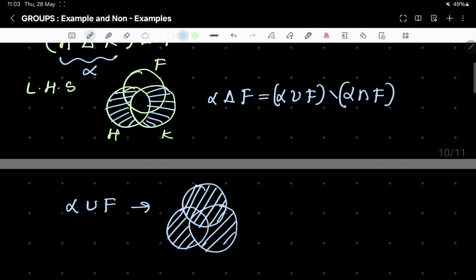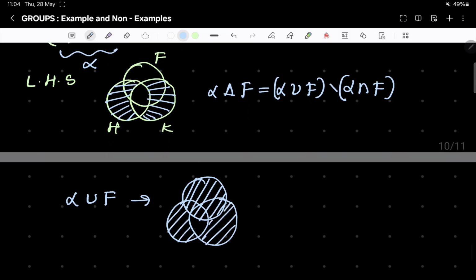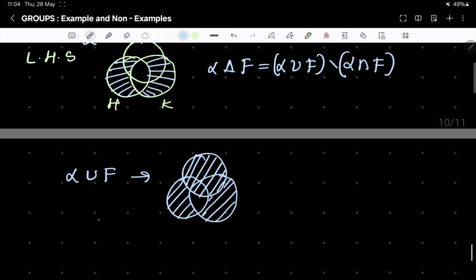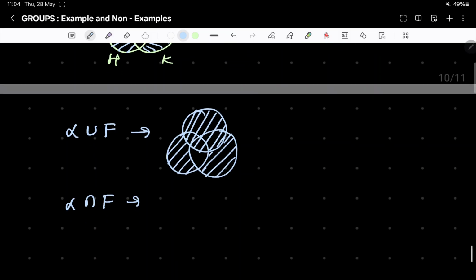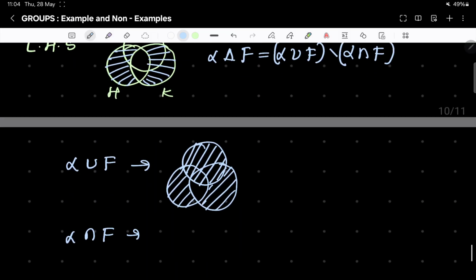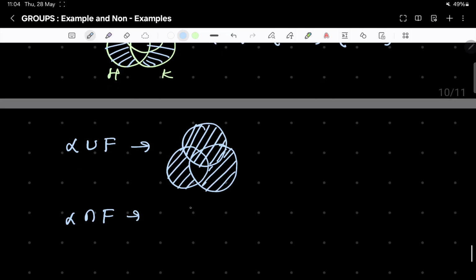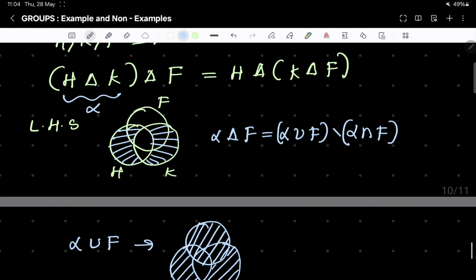So this is alpha union F. Now what is alpha intersection F? Alpha intersection F you have to draw like that. So this is alpha intersection F, right? You can see from the first picture.